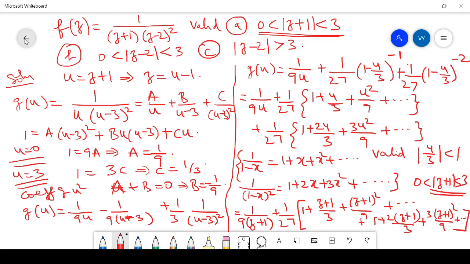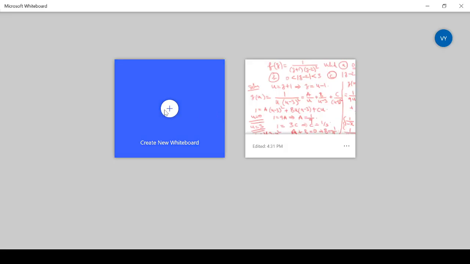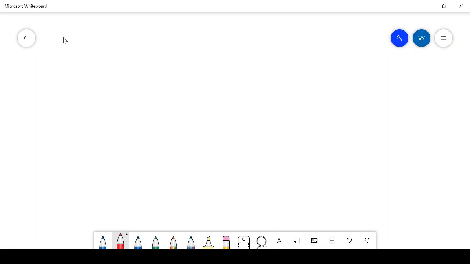Now for the second part, we require the expansion of f of z equal to 1 by (z plus 1) into (z minus 2) the whole square, valid in the region 0 less than mod z minus 2 less than 3.